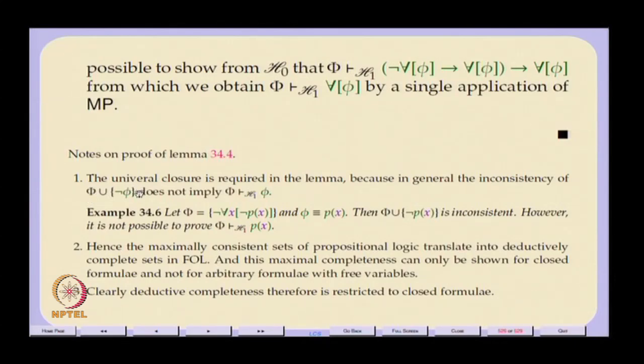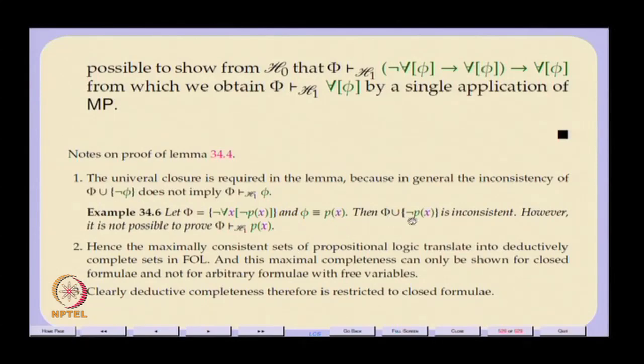If phi implies not phi is inconsistent, that does not imply that you can prove phi from phi, because you take this set capital phi to be not of for all x not p of x, and take small phi to be p of x.